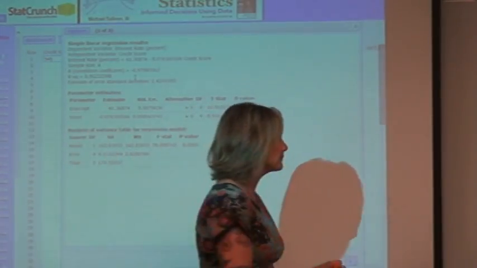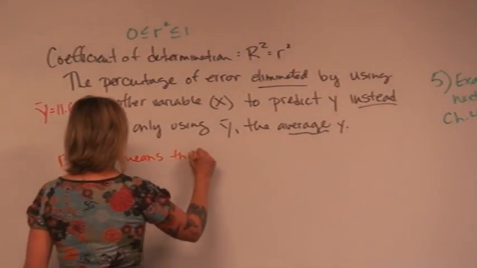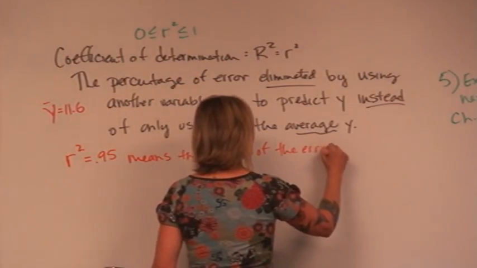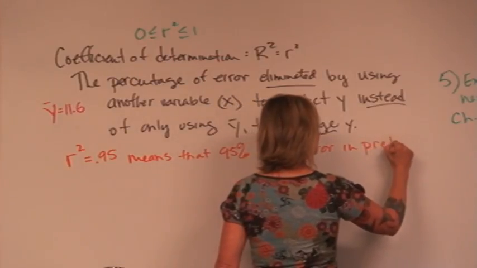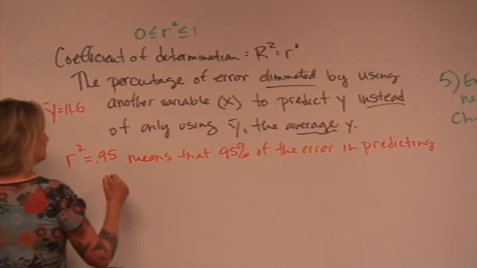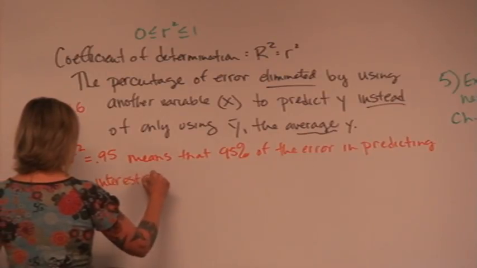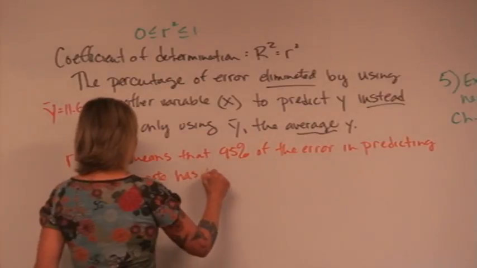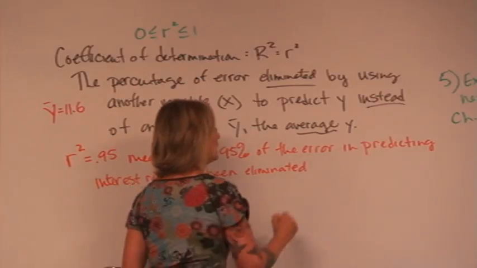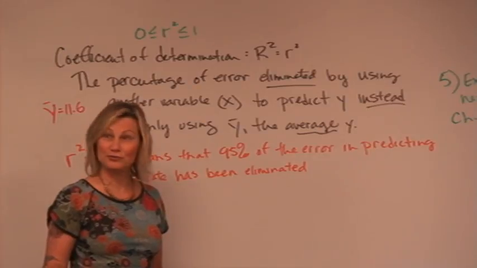Okay, let's write that. R squared of 0.95 means that 95% of the error in predicting interest rate has been eliminated. It's like we're doing 95% better than we would if we just reported the average interest rate.